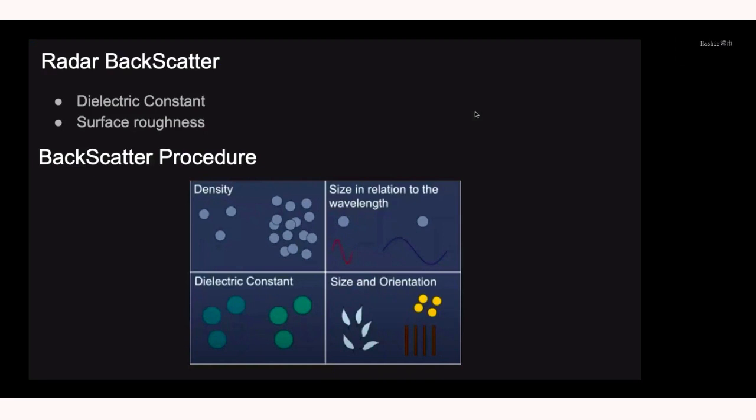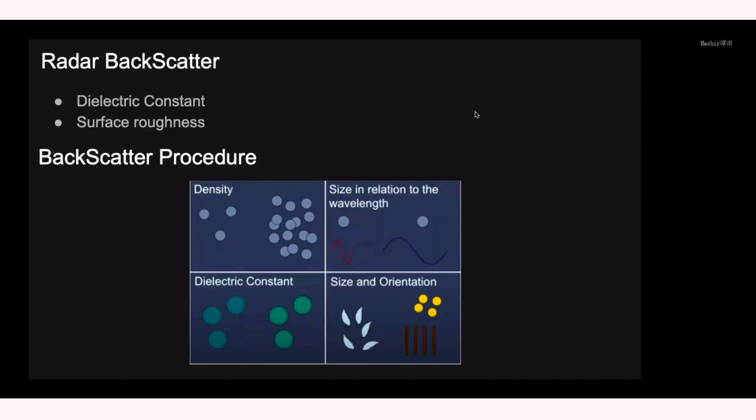Normally, surface roughness is the average height variation of any surface as compared to a plane surface. And it depends on the wavelength and incident angle whether the surface appears smooth or rough to the radar. The surface will be considered smooth if the surface variation is smaller, and rough if the variations are higher than the wavelength.